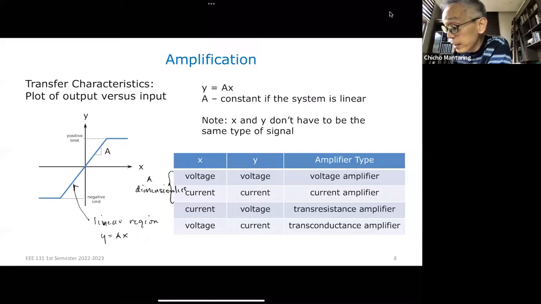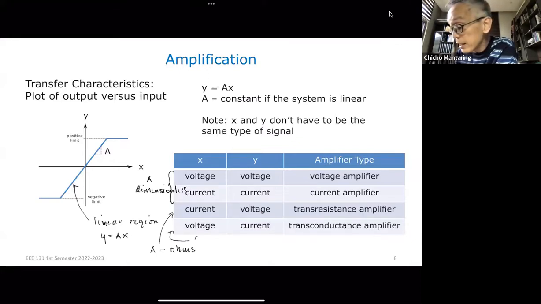Now, when you have a current input and voltage output, we call that a transresistance amplifier. And in a transresistance amplifier, A has the unit ohms, because if you multiply ohms by amperes, you get volts. And when your input is voltage and your output is current, you call that a transconductance amplifier.